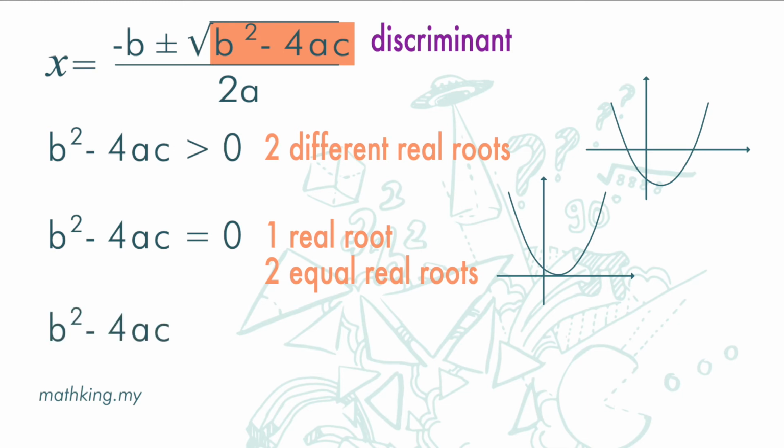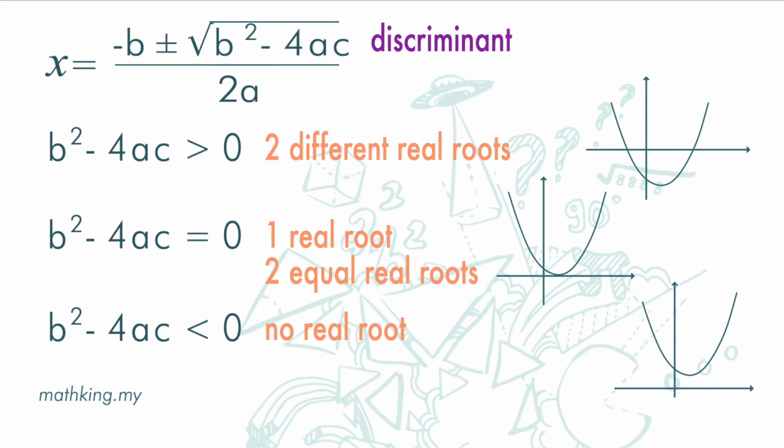When b squared minus 4ac is less than 0, the equation does not have real roots. That is the reason why we call this part the discriminant, because it will tell us whether this quadratic equation will have two real roots, one real root, or no real roots.